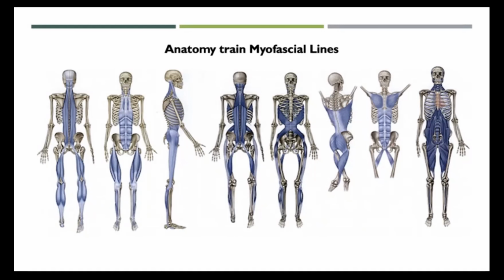We've got the spiral line, which is in the middle with the cross across the center. We have the functional line, and then we have the deep front line at the far right.